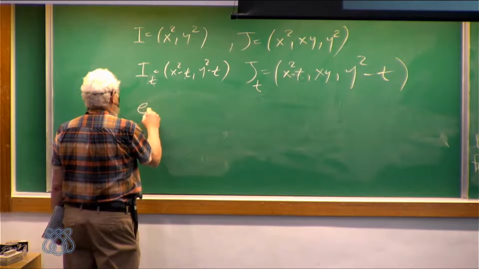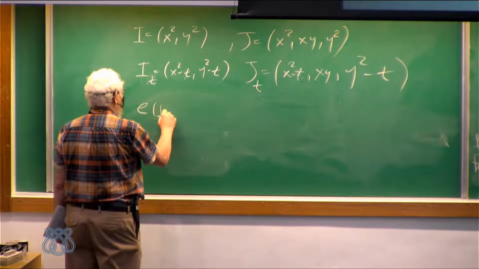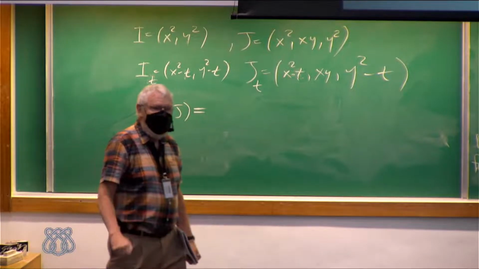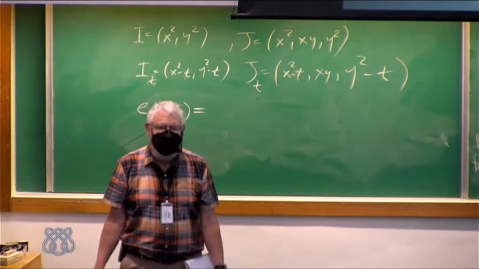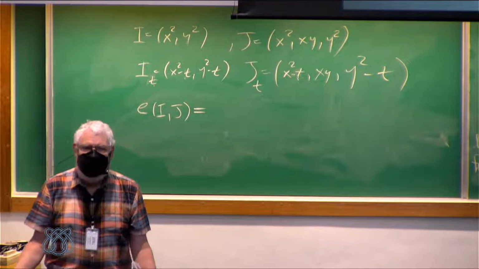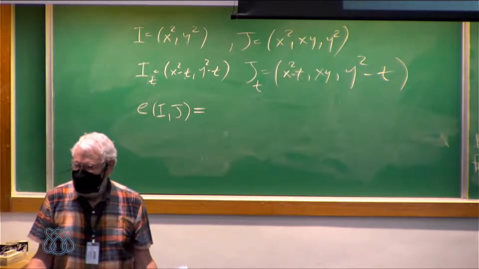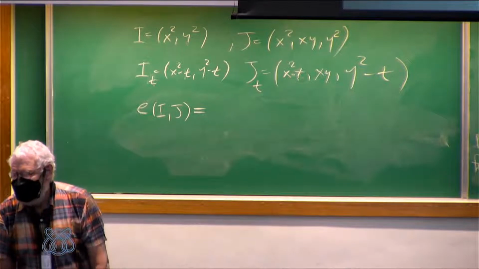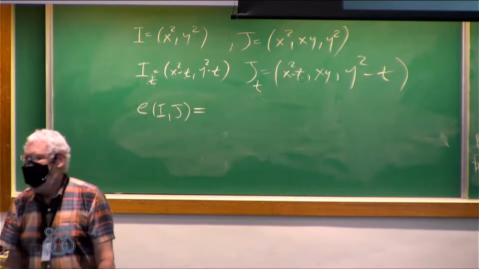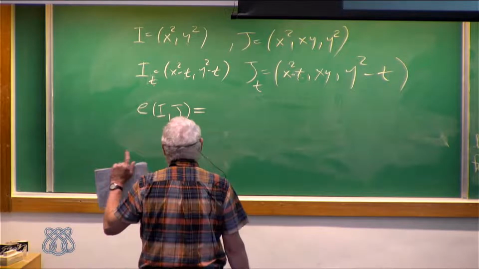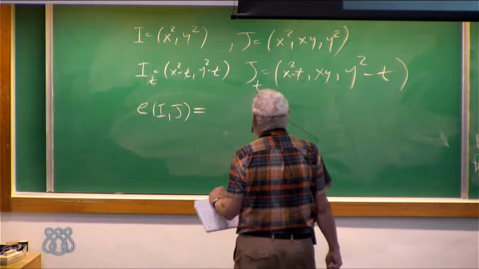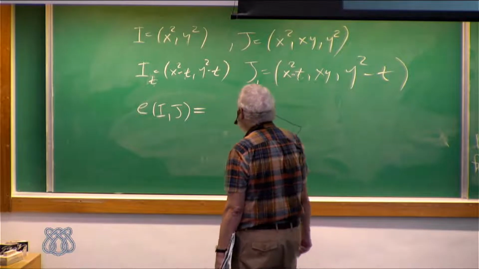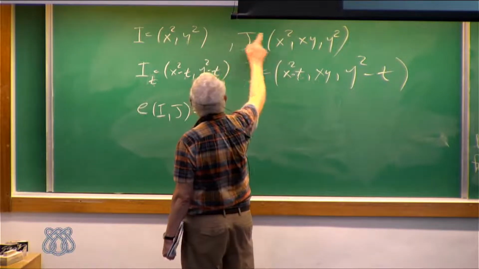How about the multiplicity of the pair (I, J)? Does anybody see what that is? Once you have a little bit of experience, the answer is obvious. What do you think? I would expect it's a difference in the length. But the multiplicity is not the length. What we know is the lengths are different.